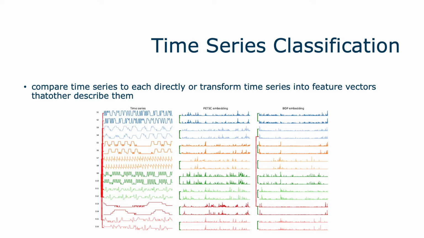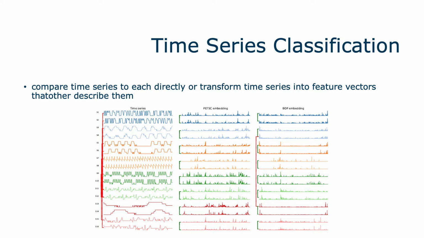And that way, we can then compare those feature vectors to each other, and in that way, learn a classifier. Here is a small example again, where we see, I think, 2 time series from 8 different classes, each class of a different color. They are sequentially ordered, so the first 2 are from the same class, the third and fourth are from the second class, etc.